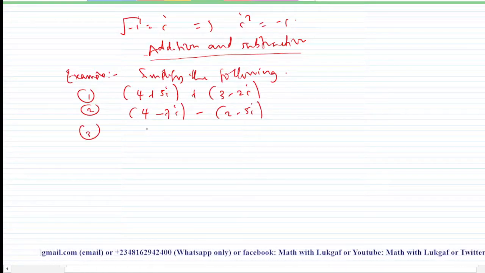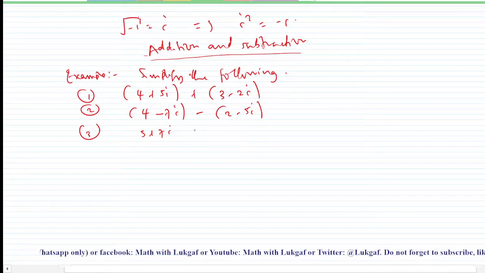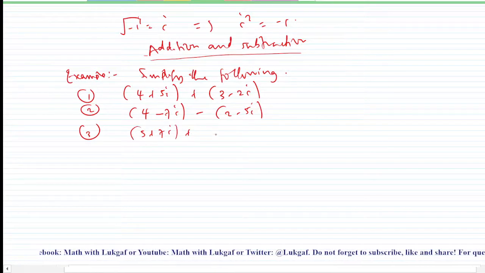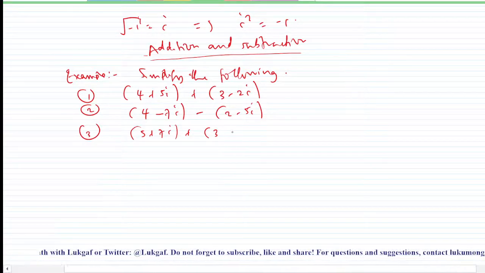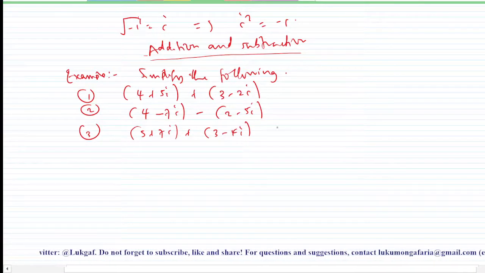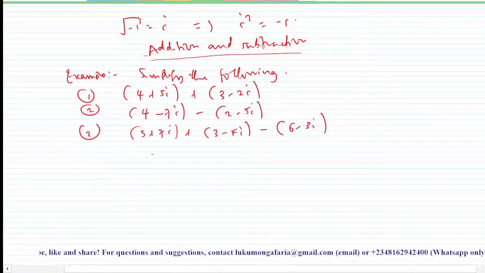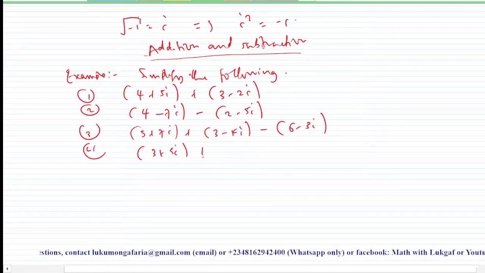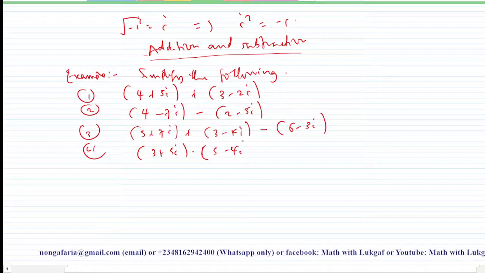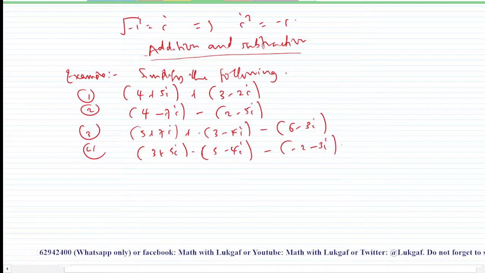Number 3, 5 plus 7i plus 3 minus 4i minus 6 minus 3i. And lastly, 3 plus 5i minus 5 minus 4i minus, into minus 2 minus 3i.